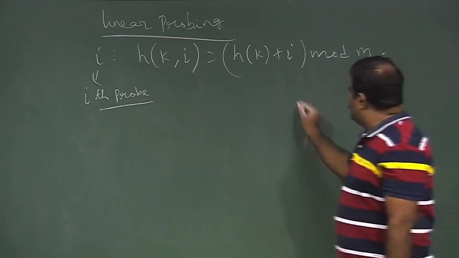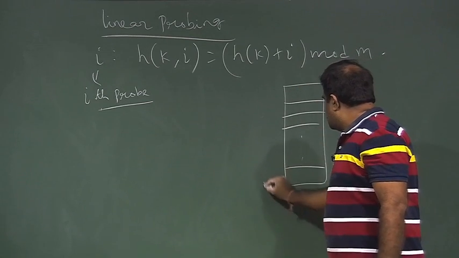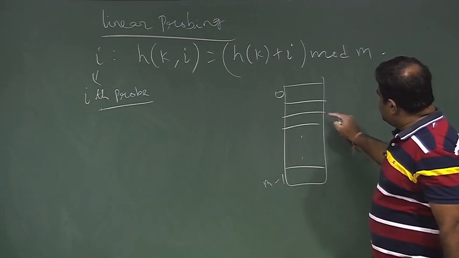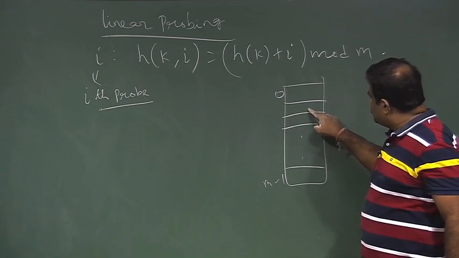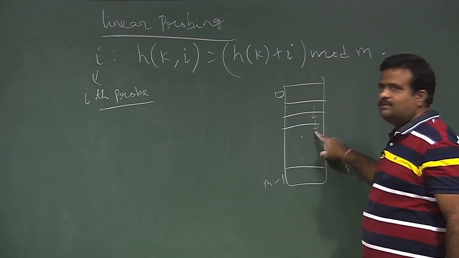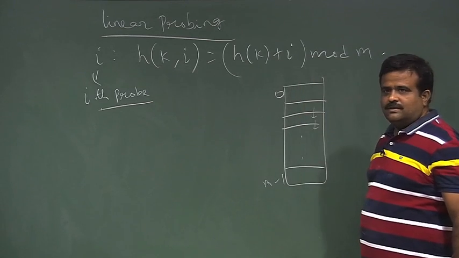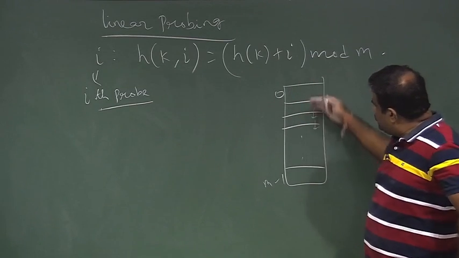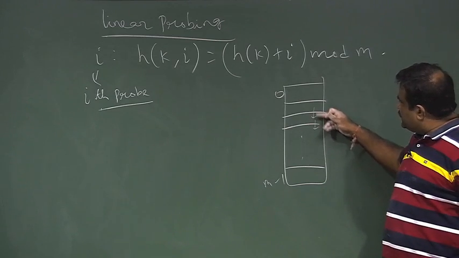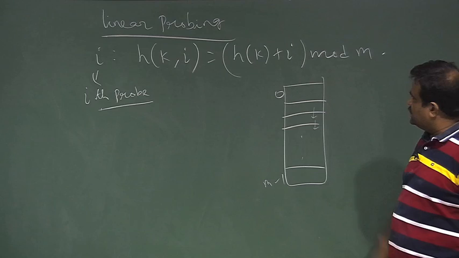Suppose these are our slots, 0 to m minus 1. Suppose it is hitting some occupied slot, then it looks at the next one, whether the next one is available or not. If it is available, we put it there. This is because everything has to fit into the table, we are not allowed to have a chain. So, we just see whether the next one is available or not.